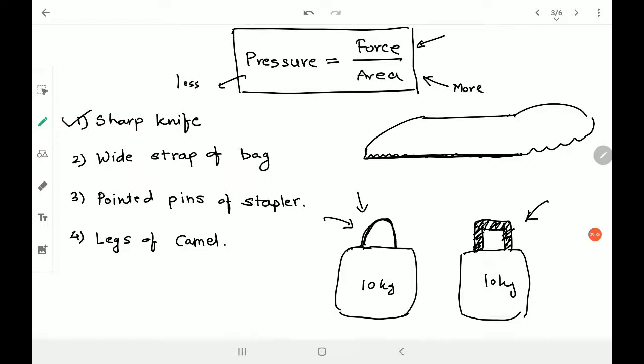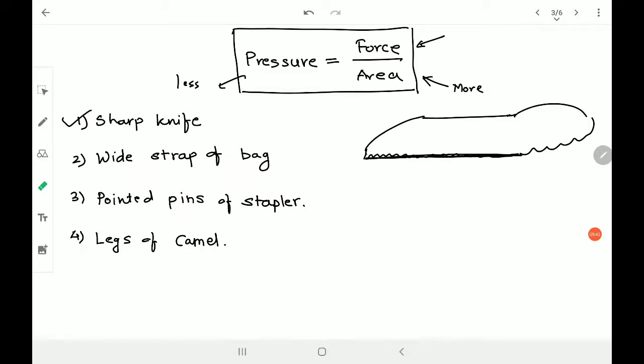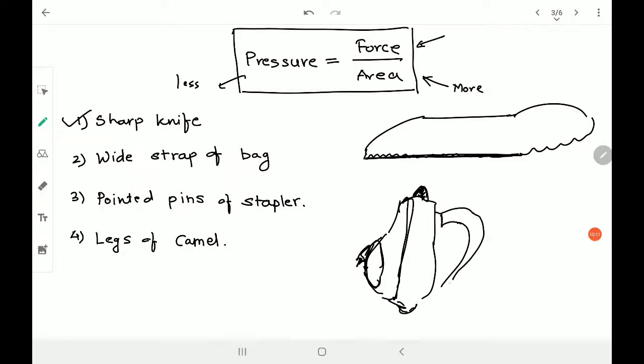This is the reason your school bag doesn't have just a rope. For your school bag, you have a wide strap. Have you observed it? This is how your school bag looks. It has a holder here, and it has wide straps.